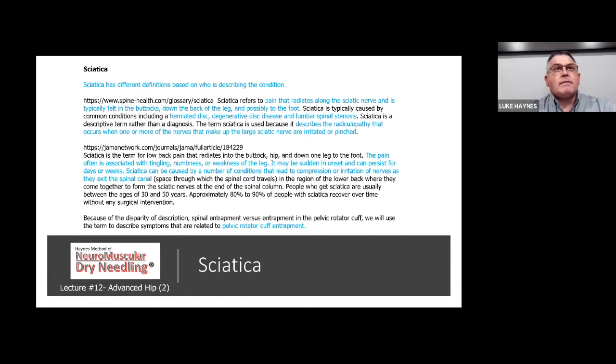One is pain radiating down the leg, in the buttocks and down the leg, either being compressed at the spinal level, or instead of compressed, being entrapped further away from the spinal level, say at the level of the piriformis or through the fascial planes as it's heading down the leg. And so for our purposes, I'm going to discuss sciatica as being dependent upon entrapment more away from the spine, as it's traveling down the leg, say through the pelvic rotator cuff.